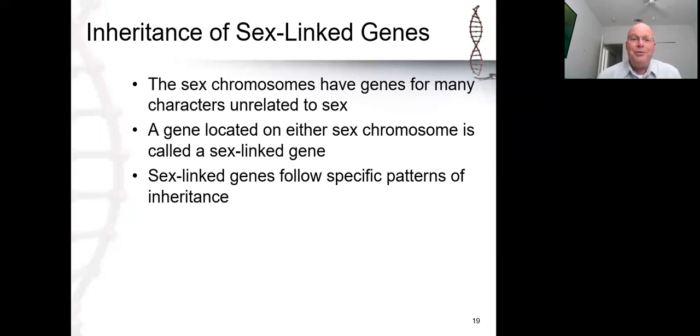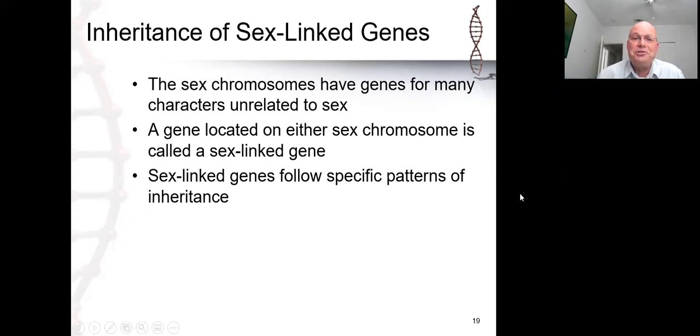But again, there are other genes on the X chromosome, and there's that whole region of the X chromosome that contains genes that determine traits that are going to be seen in the embryo and seen in the individual that develops from that embryo. And because in the male, there are only those genes on the X chromosome, and it's the alleles of those genes that are going to be expressed, well, that means that's what the male individual is going to show.